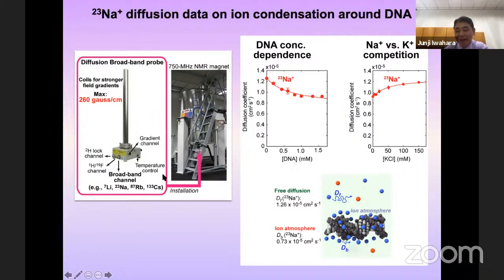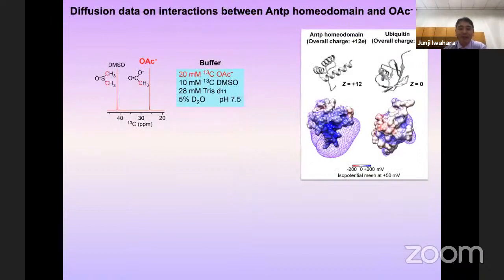Diffusion measurements of chloride ions require a much stronger gradient due to rapid relaxation and basically a small gyromagnetic ratio. But until we get the new probe, we can still design NMR experiments to study anion protein interactions.